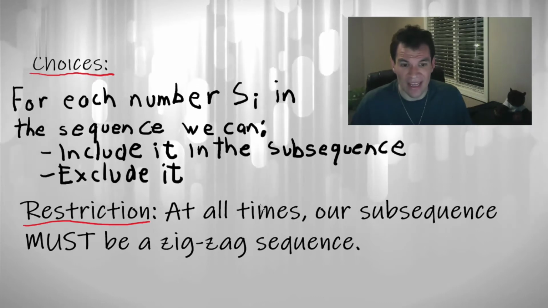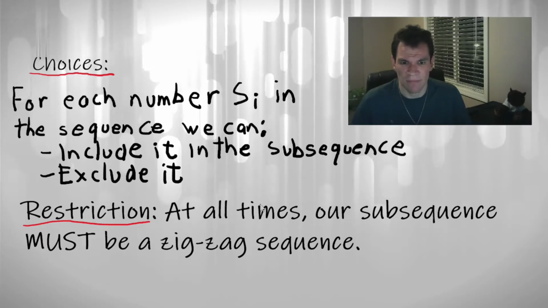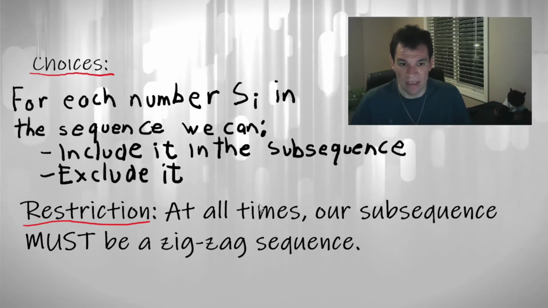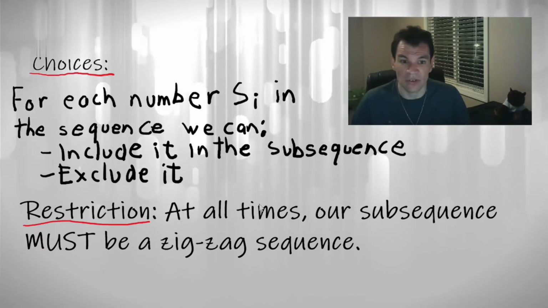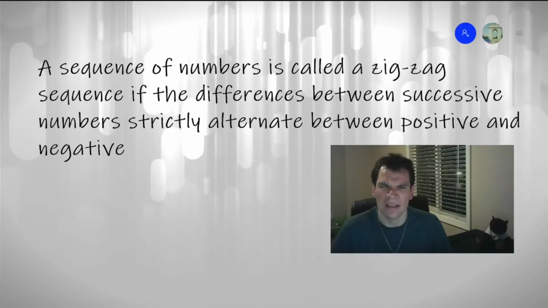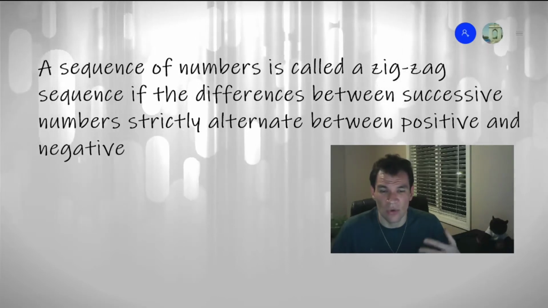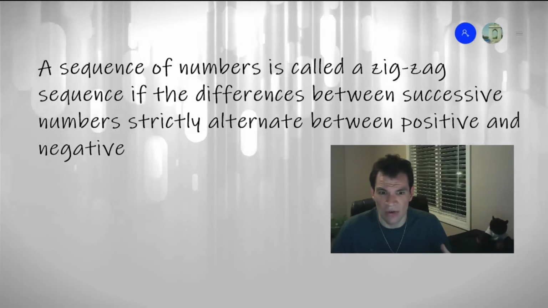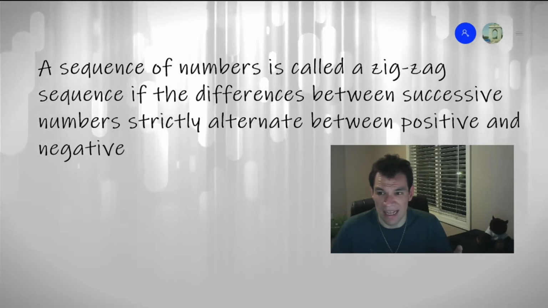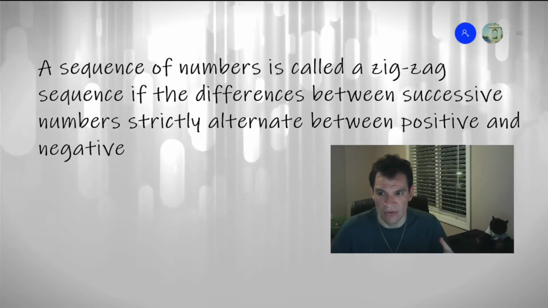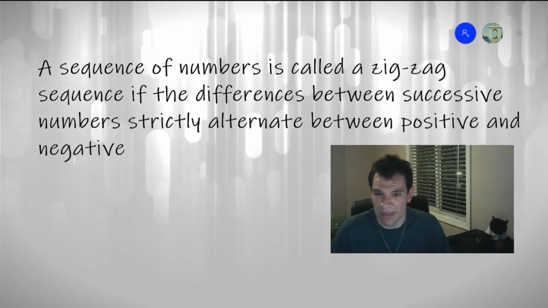If we already have many numbers in our subsequence, how do we know if adding the next number would break the subsequence or not? To describe the restriction in a way more precise, we can do it by checking again the definition of what is a zigzag sequence.